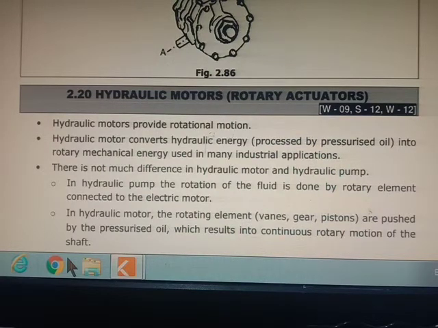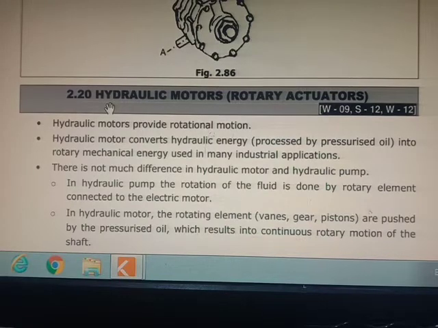So when the output is to be rotary, then the actuator used must be the hydraulic motor. And for creating the rotary motion with the help of the hydraulic circuit, we use the rotary actuator, right?